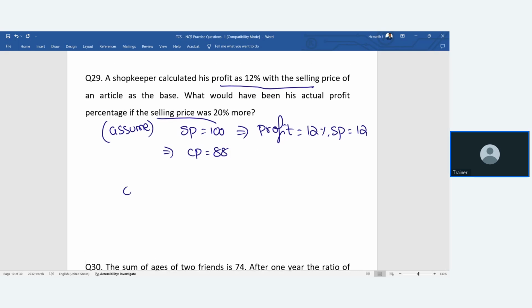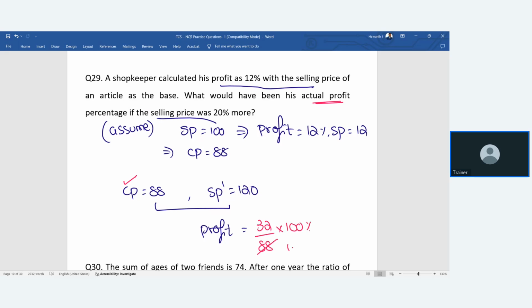So cost price will be 88. Selling price 20% more means it will become 120. Now, what is the actual profit percentage? Profit should be calculated with respect to cost price. So the profit is 32 with respect to cost price 88, into 100.